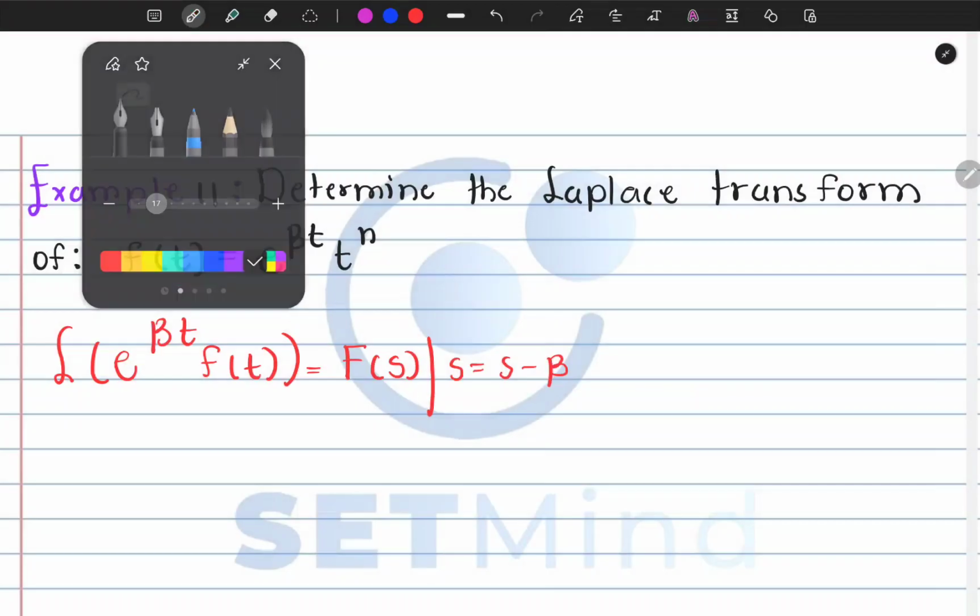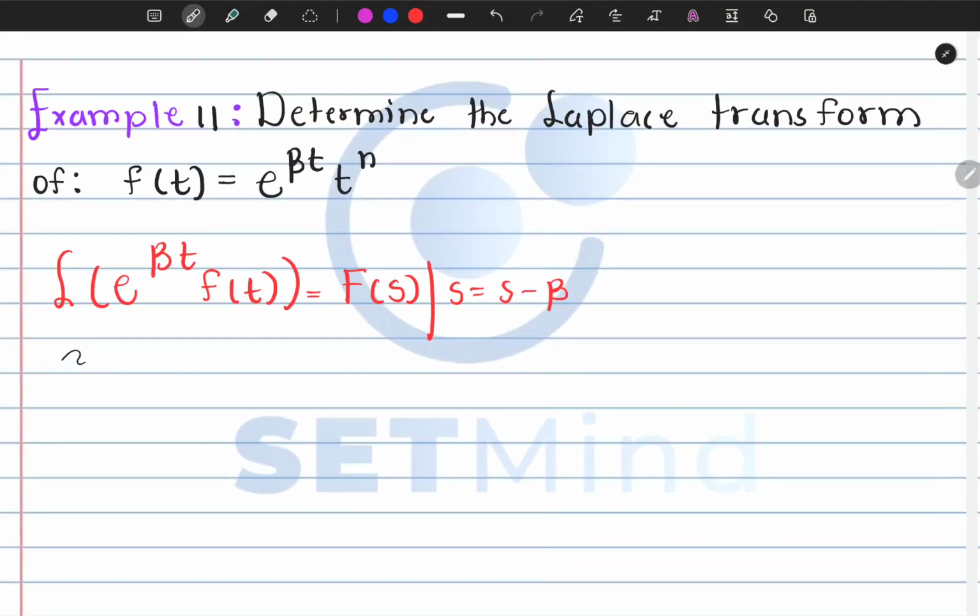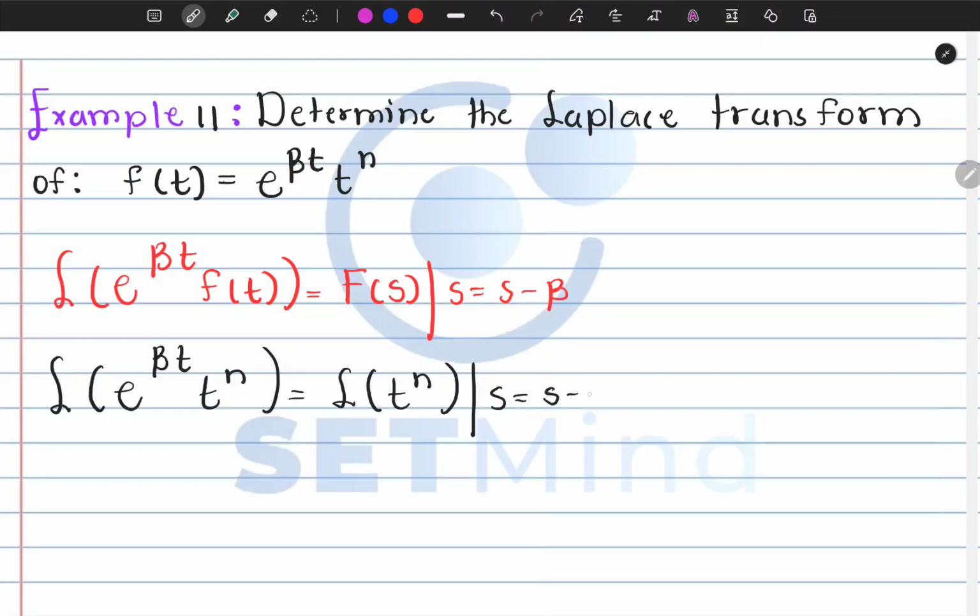So what does this mean for us? It means that if I'm taking the Laplace transform of e to the beta t multiplied by t to the power of n, I need to find the Laplace transform of t to the power of n. Then wherever I see s, I replace it with s minus beta.